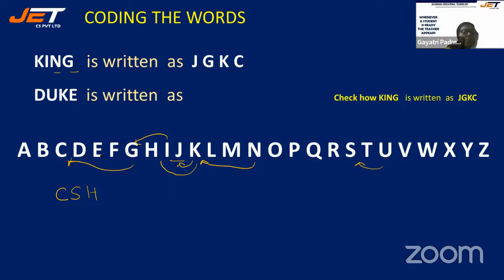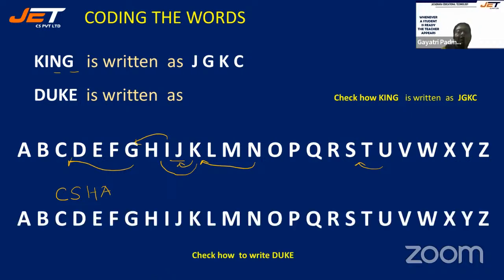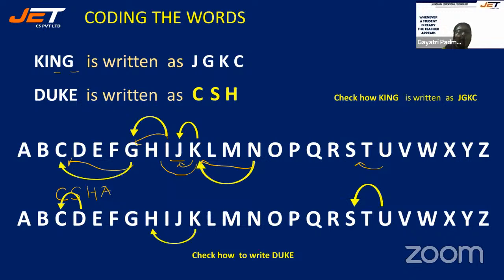So E should be written backward after leaving three, which is A. So C, S, H, A. Let's see whether the answer has been framed the same way. C, S, H, A. All right.